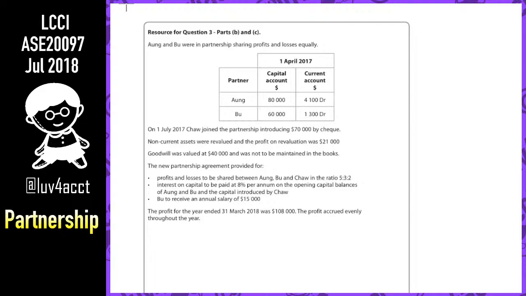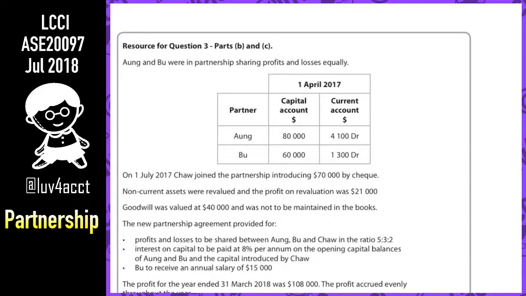Again, okay, we have in some previous question An and Bu were in partnership, sharing profit and losses equally. Okay, given to you the opening balances of capital and current account. So on the 1st of July, Cho joined the partnership.